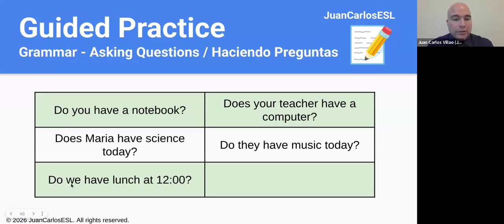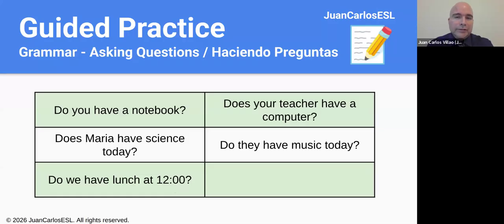So when the subject of the question is we, we initiate the question with do. Entonces, cuando el sujeto es we, en la pregunta, tenemos que iniciar la pregunta con do. Do we have lunch at 12 o'clock? Nosotros tenemos almuerzo a las 12 en punto.